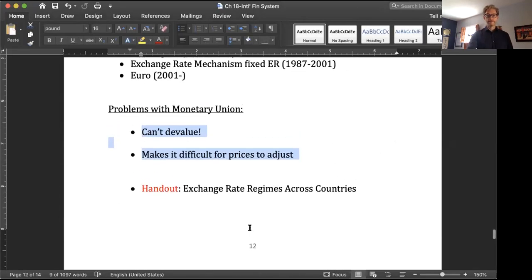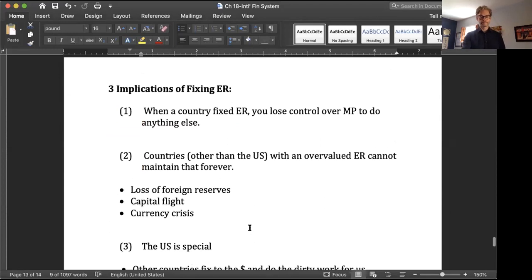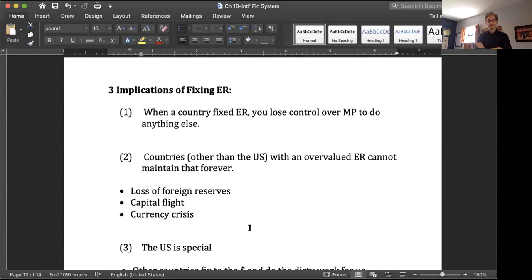So just to review here, when a country fixes its exchange rate, you lose control over your monetary policy to do anything else, right? You cannot have independent monetary policy and fixed exchange rates and capital mobility. Also, countries other than the US with an overvalued exchange rate can't maintain that forever. This is the problem of currency crises, right?